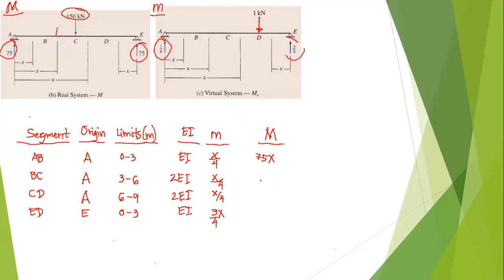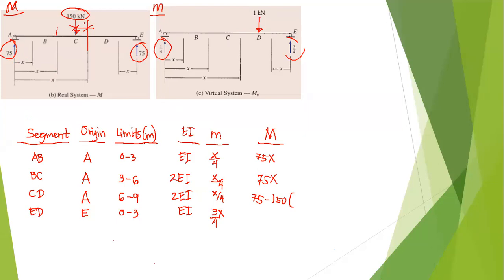So we have 75x. However, for segment CD, take note that we can now see this force here, 150 kilonewton. So the moment would be 75x minus 150 times, what is this distance here?